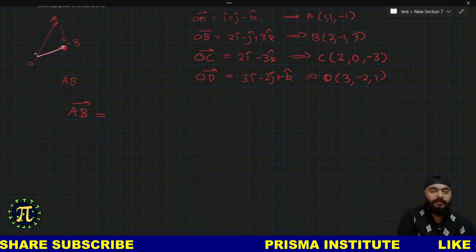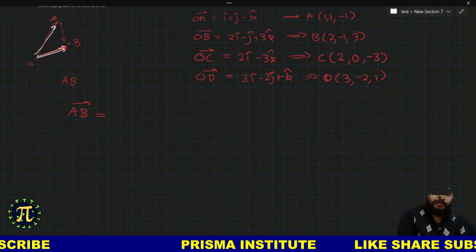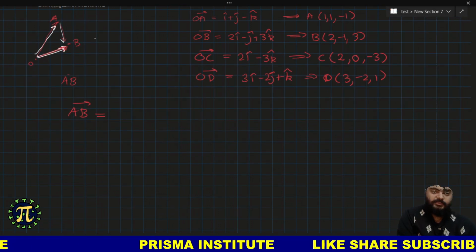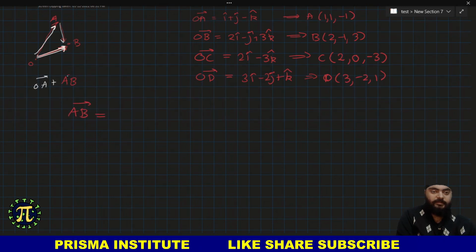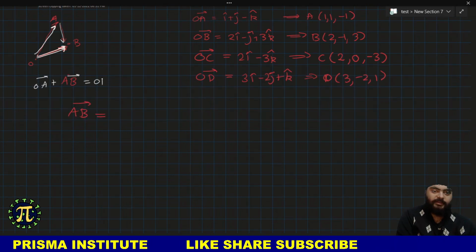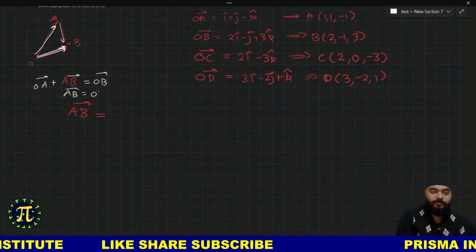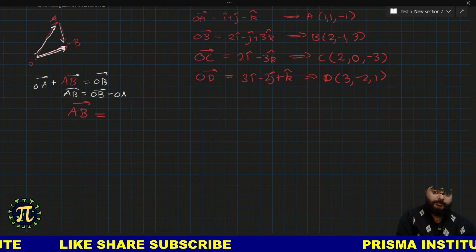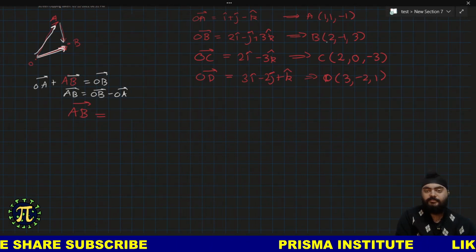OB vector भी given है and you can see कि AB vector आप निकाल सकते हो since in this triangle OA vector plus AB vector किसके इक्वल है? OB vector के इक्वल है, right? Triangle law, so AB vector is OB vector minus OA vector. Final minus initial, right? Or you can just simply subtract these coordinates, right?